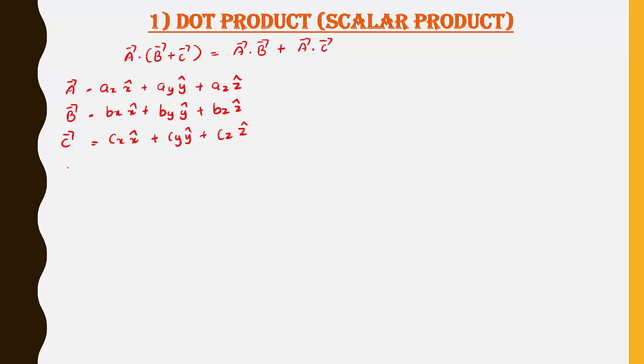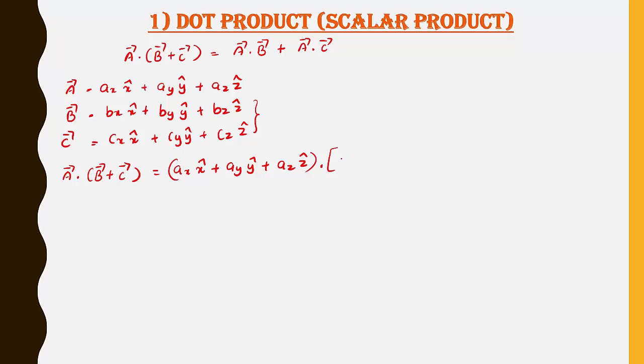Now we can consider the LHS side. Vector A dot (vector B plus C). Here the value of vector A is Ax x cap plus Ay y cap plus Az z cap. This is vector A dot into bracket vector B plus vector C. Here we can add the vectors.